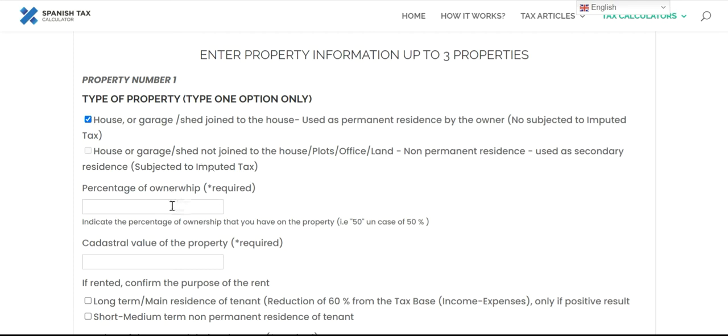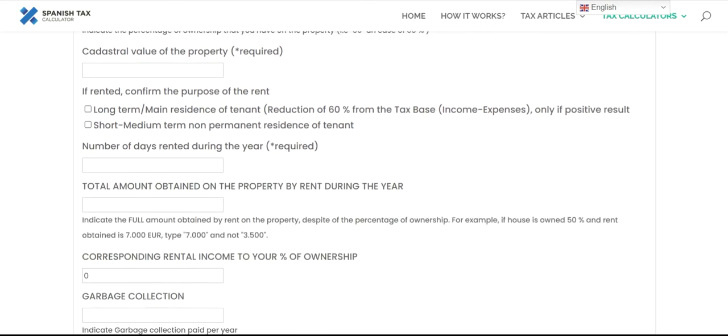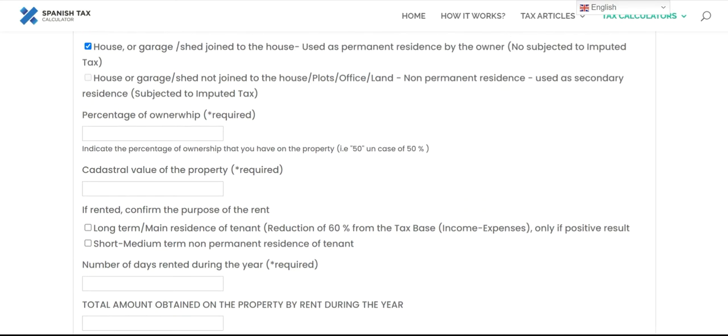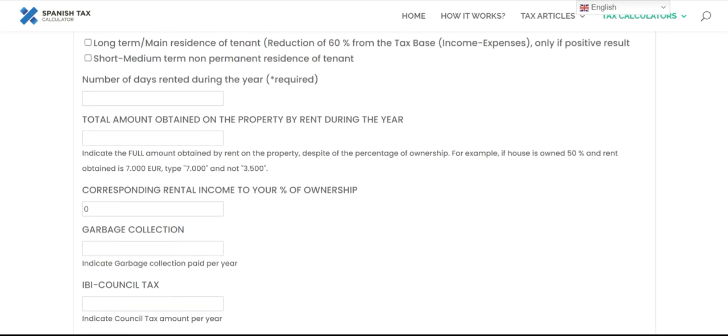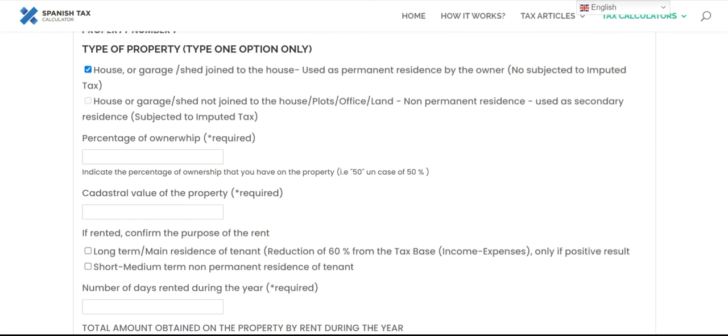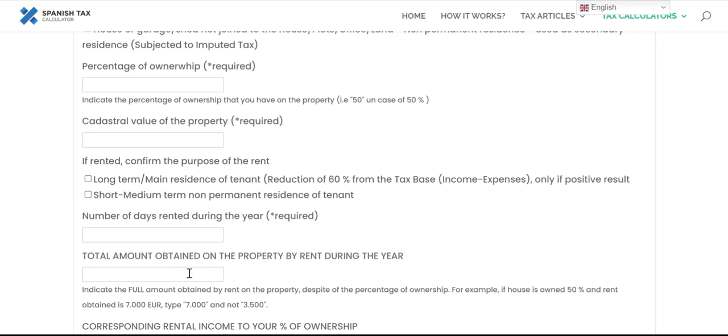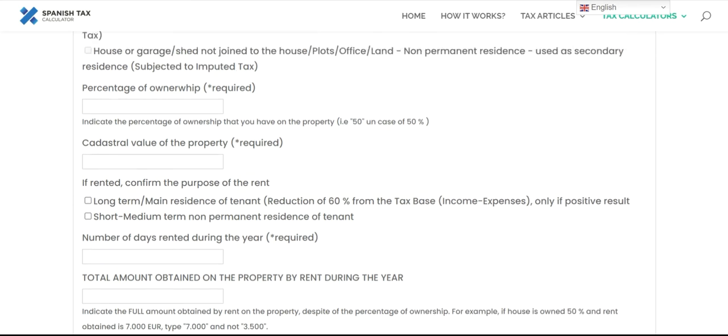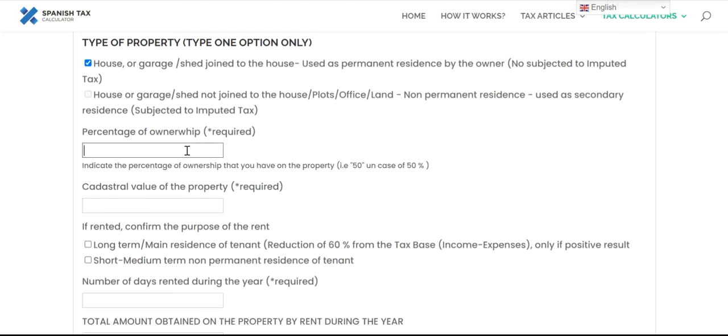In this case, you need to fill in all the details of your house here. But imagine that it is your permanent residence, and you are renting. So then we will make a scenario. Imagine that you own the property 50% with your spouse, and then the cadastral value.